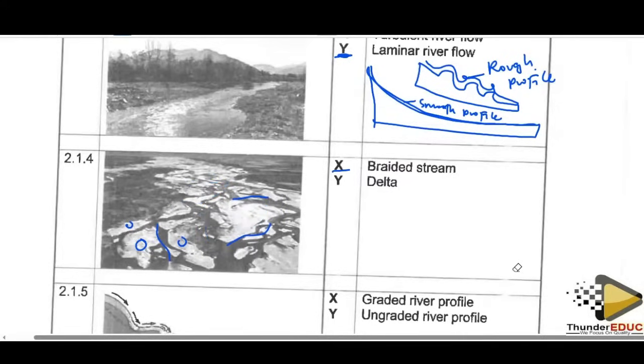But don't forget, they both form due to the same process of deposition. However, a delta will be found at the river mouth. But as you see here, this is still somewhere in the lower course, not already at the mouth. So the answer will be a braided stream.